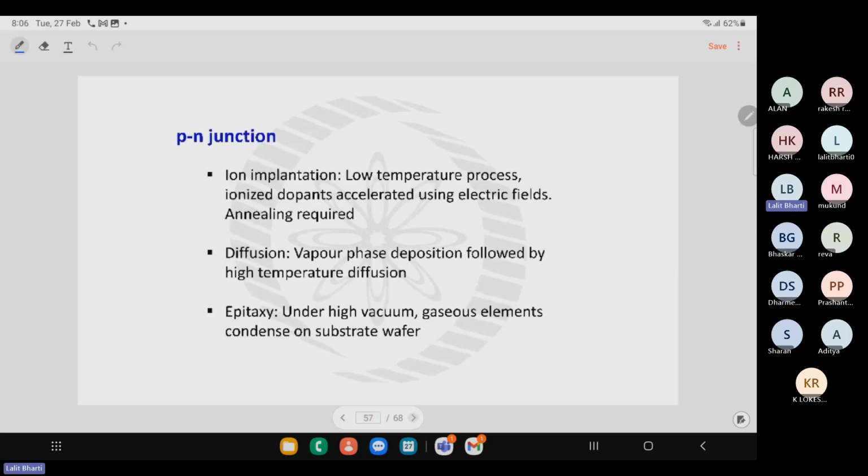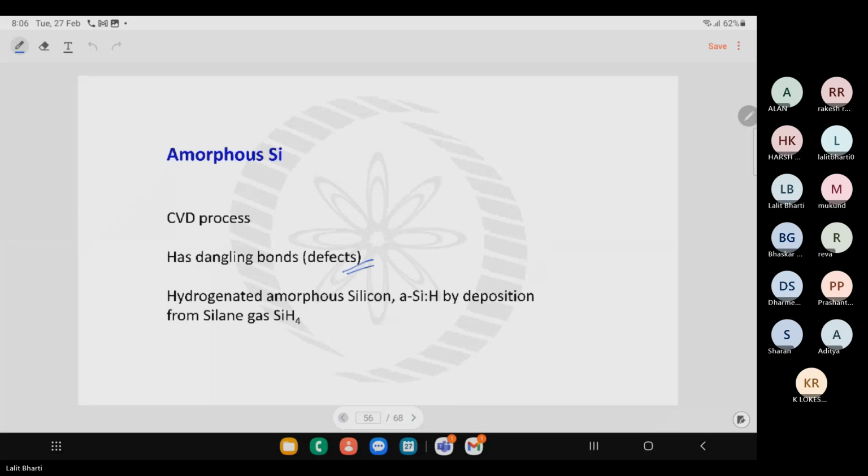Then for amorphous silicon, how is the PN junction made? One way is the CVD process. CVD means chemical vapor deposition. Basically you have some substrate and some chemical reaction here, and the resulting product will be coated on the substrate.